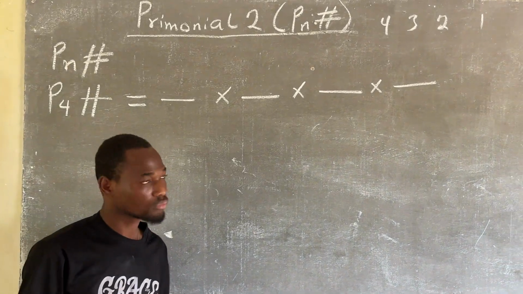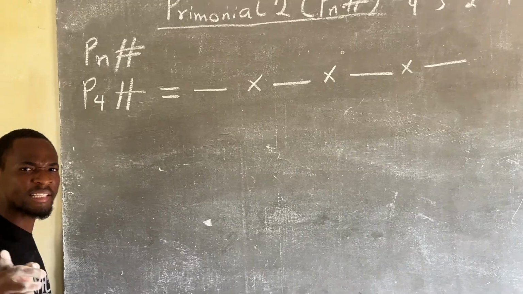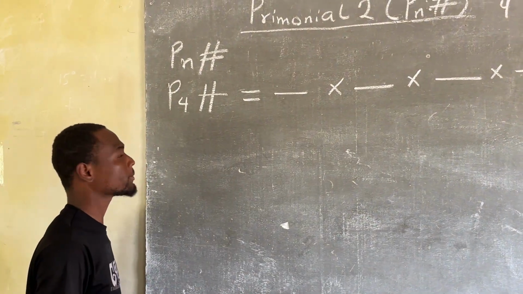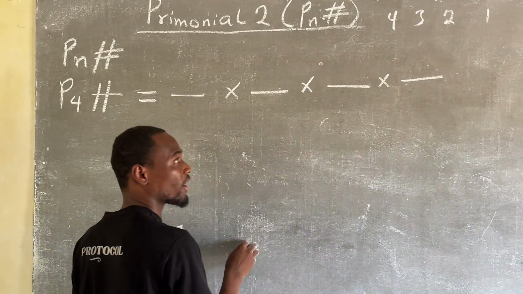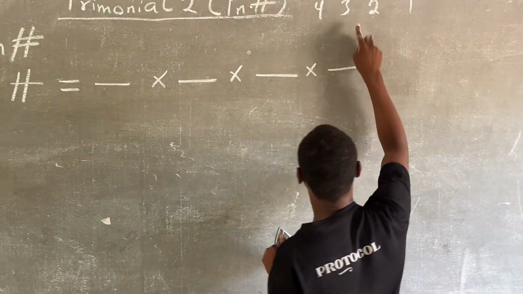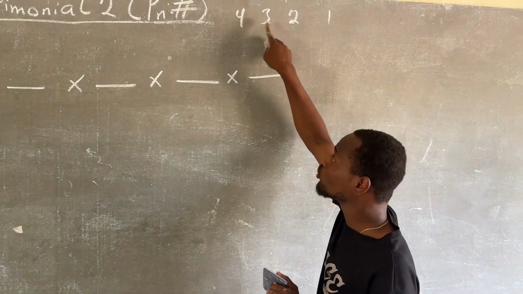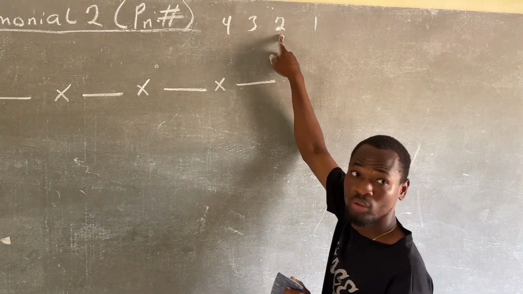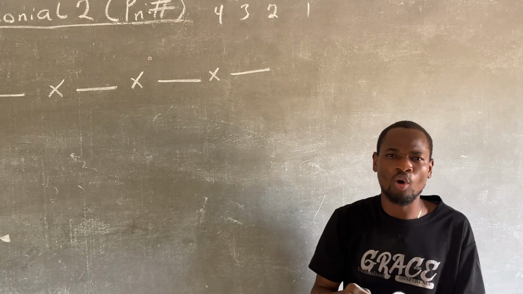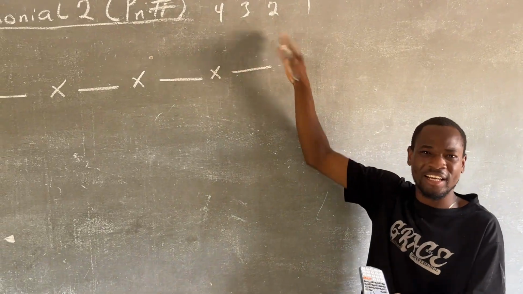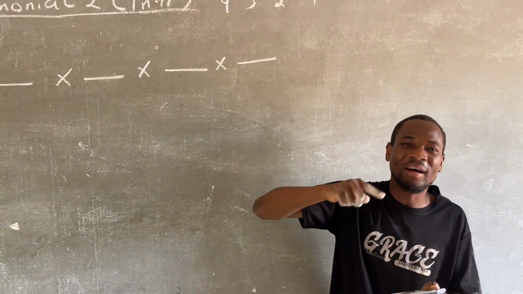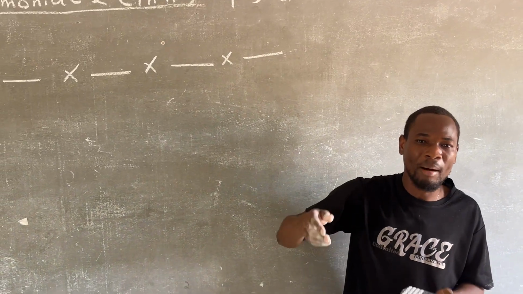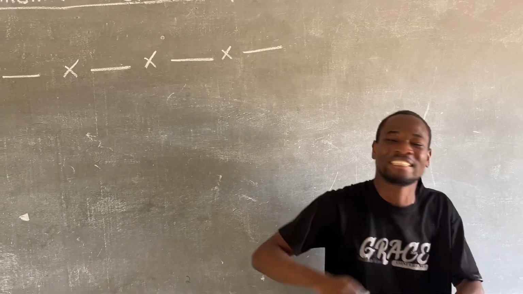Is that also good? But listen, if I start from 3 and go to 2, I'll be making a mistake because I am reducing the numbers. Here I have to rather increase the number, but make sure that you are multiplying 4 numbers at the end.